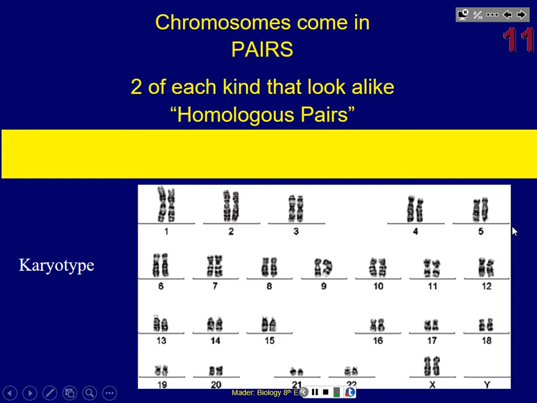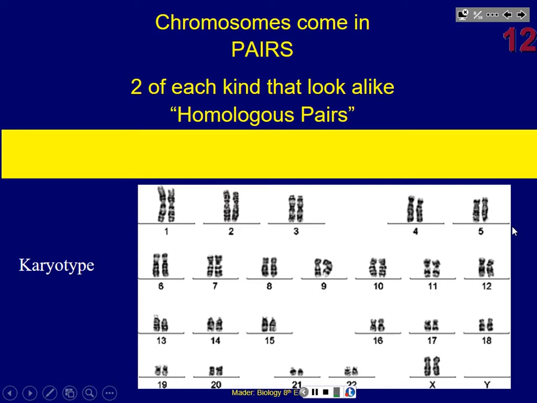Okay, so we said earlier in the semester that we're going to think about our DNA as a cookbook. Remember us talking about that? And now we know that every cell has the whole cookbook. So if we think about these pairs of chromosomes, these homologs, we can almost think about the pair as a certain chapter in the cookbook.